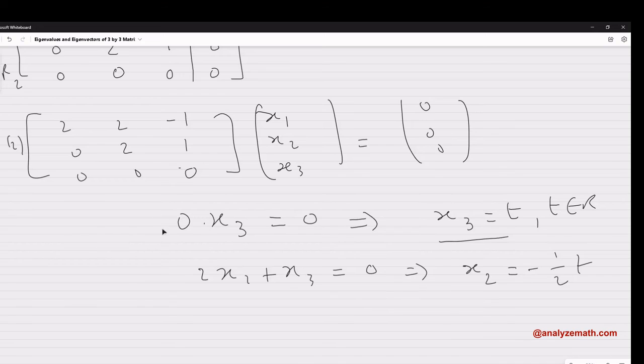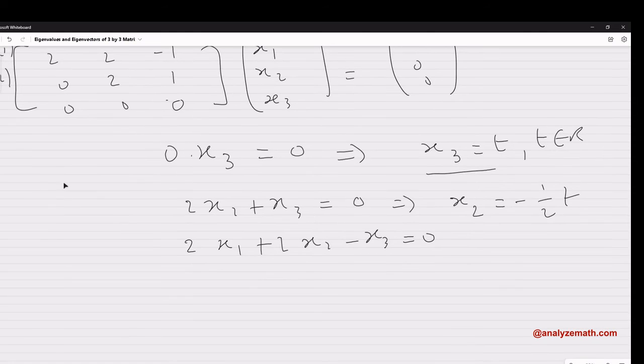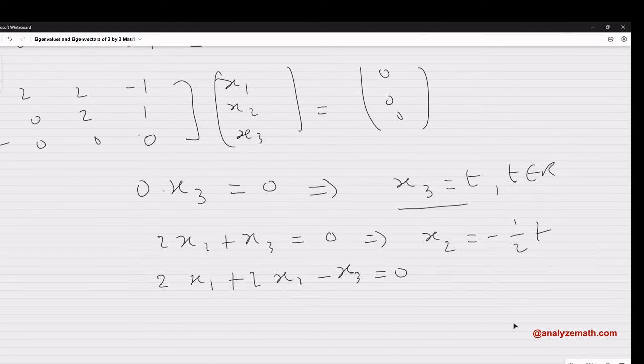Now we go here to the first equation. The first equation tells me that 2x1 plus 2x2 minus x3 equal to 0. Now I replace, so that gives me 2x1.